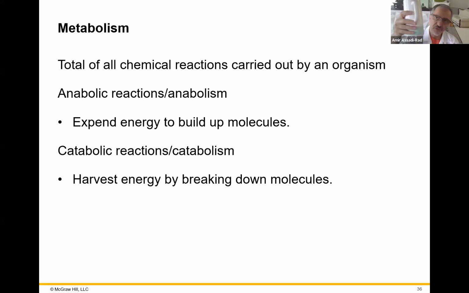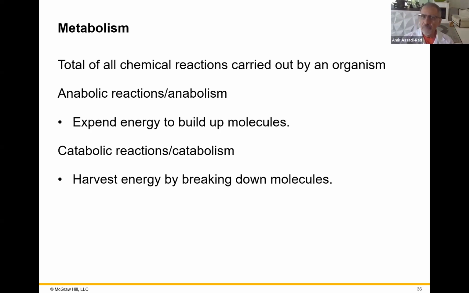All of these molecules I'm drinking in this shake are not the same molecules as my body. It goes inside of my body, it breaks open, and then they come together, anabolism, the way that my body needs them, not the way the plants or animals were using them.